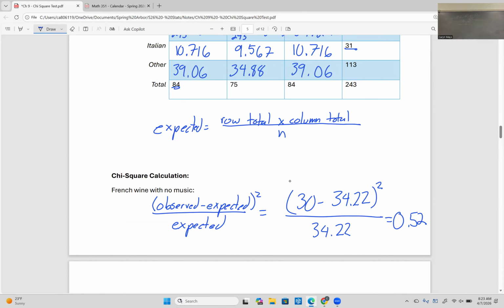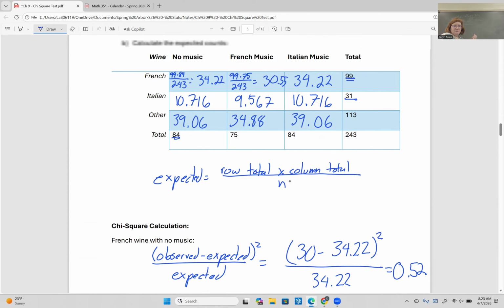Relatively small number, but actually comparing it requires going to that table. Once again, this is just for one cell. To do the full chi-square statistic, we have to do all 9 of these cells and add them together. The calculations themselves are not that hard, but the process is pretty long.